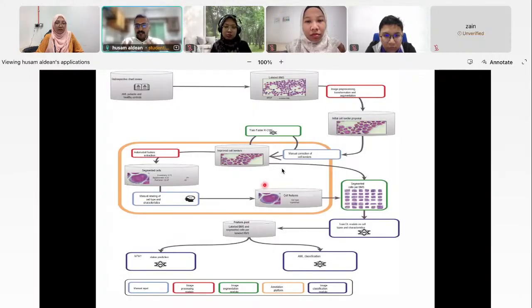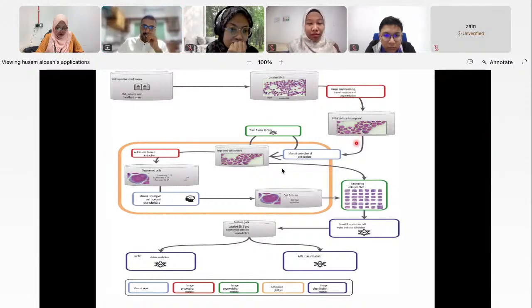Let us see that more clearly in this figure, which illustrates the multi-step deep learning platform for this study. First, we have the augmented data sets and image processing, and then the trained Faster R-CNN segments the cells and detects their boundaries.